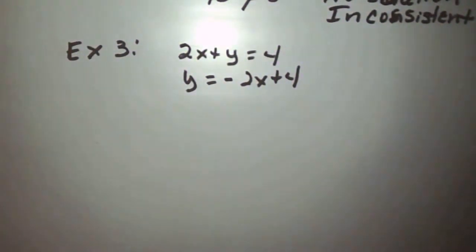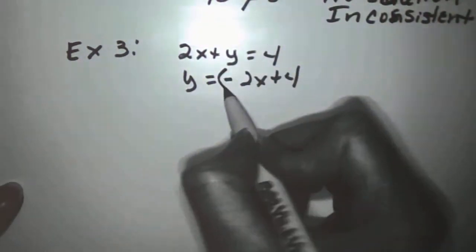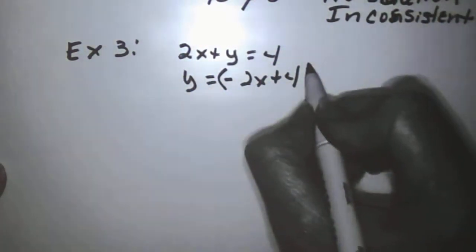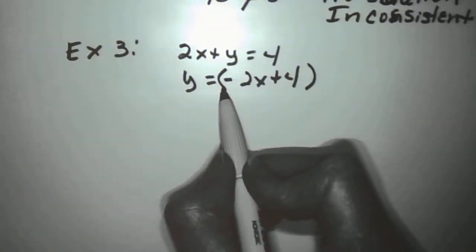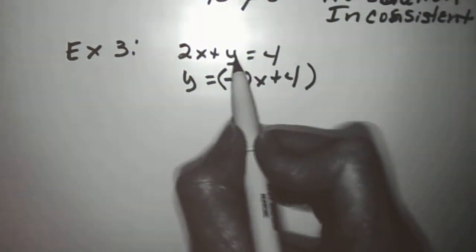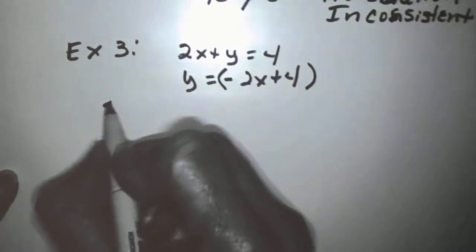So here's one where we've got y already solved for us. Sam, question? No. You're good? All right, we're going to substitute negative 2x plus 4 in place of y.